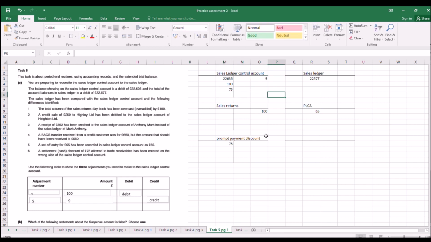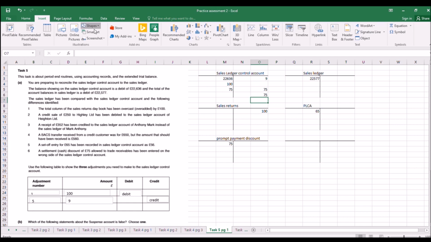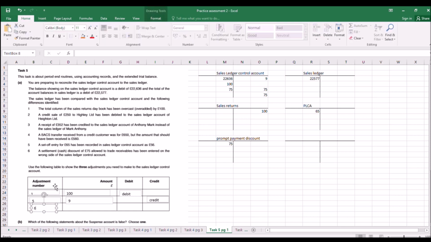So what we'll have to do is reverse that initial error out, and then put the right thing in. So it'll be 150 for this one. So number 6 will be 150 adjustment there, and it's going to be a credit as well.